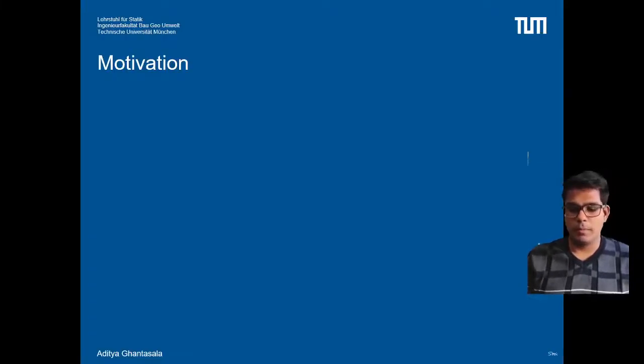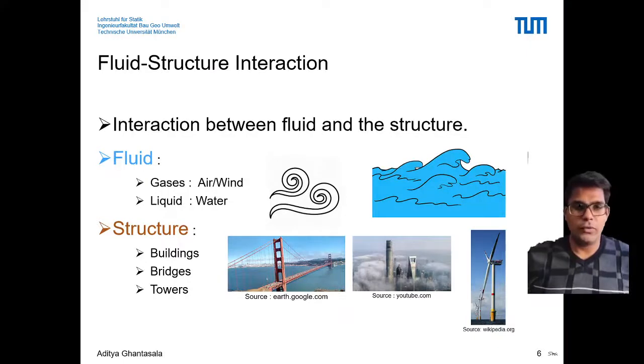Before I go into why fluid structure interaction is relevant in real life, I will briefly explain what it is. Let's look at the different words in the name itself: fluid, structure, and the interaction between them. What do I mean by fluid?